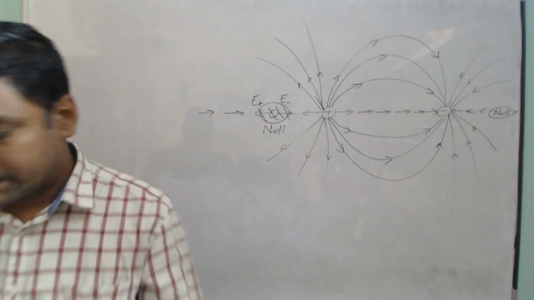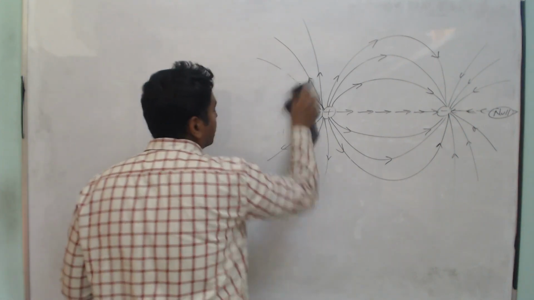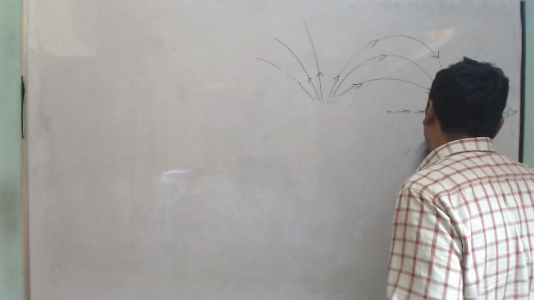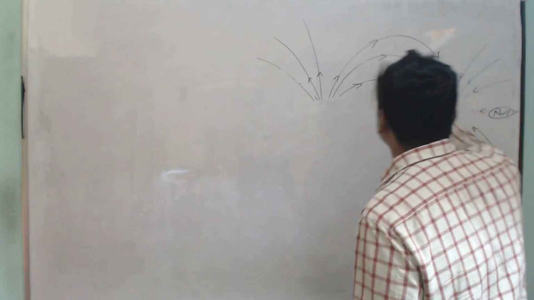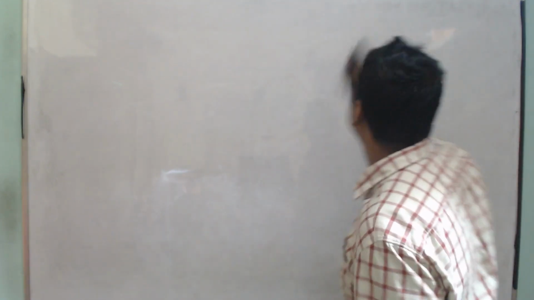See, we have discussed all two-charge possibilities. I want to finish off by discussing one three-charge possibility. That way we can put a full stop to the electric field lines, because once discussed this much, field lines will not be a problem to anyone.